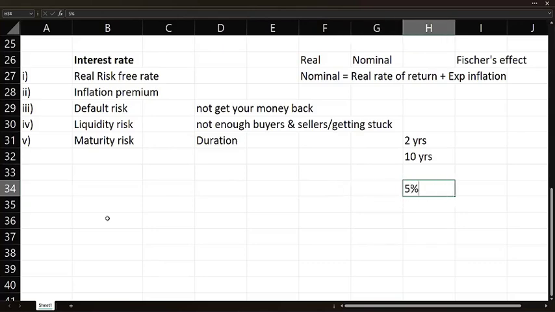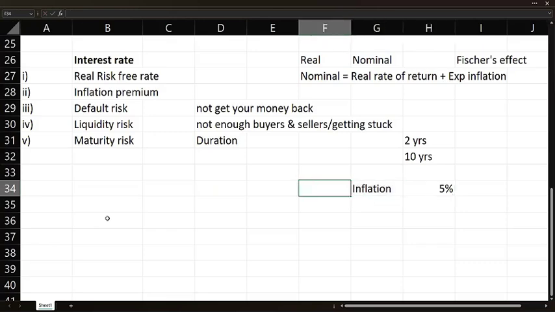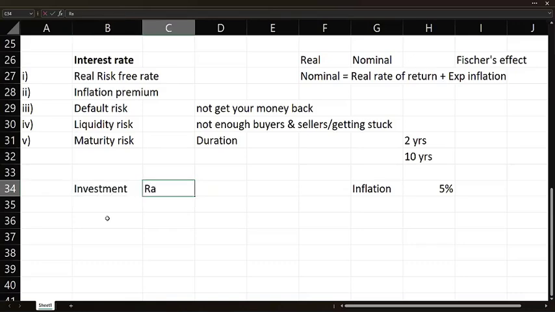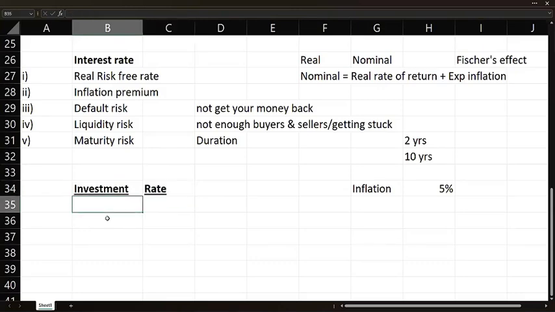Let's say 5% is the inflation that we are facing, and we will use that in all the scenarios. The first investment is a government bond, specifically a sovereign bond.